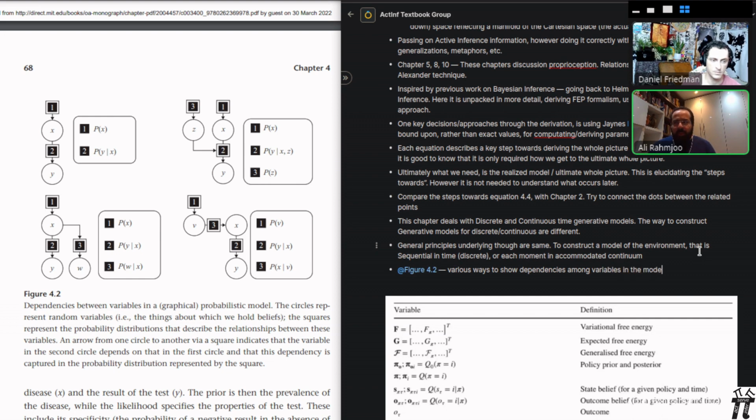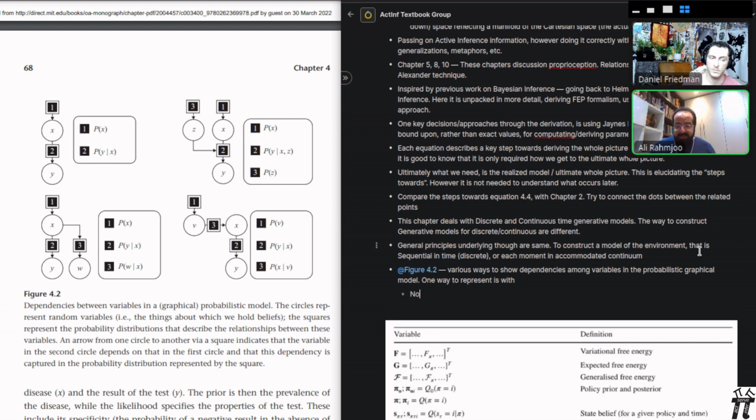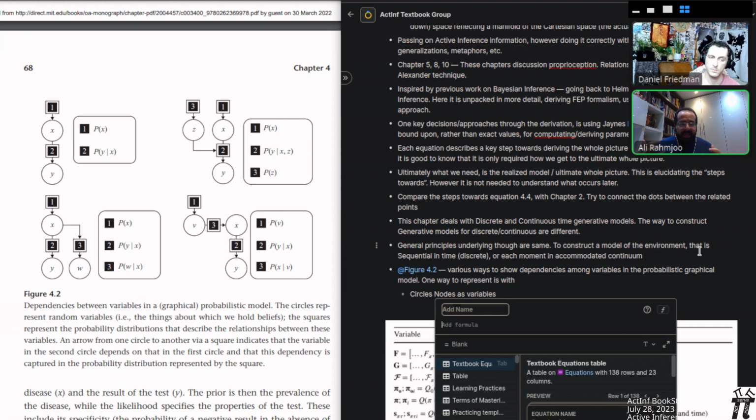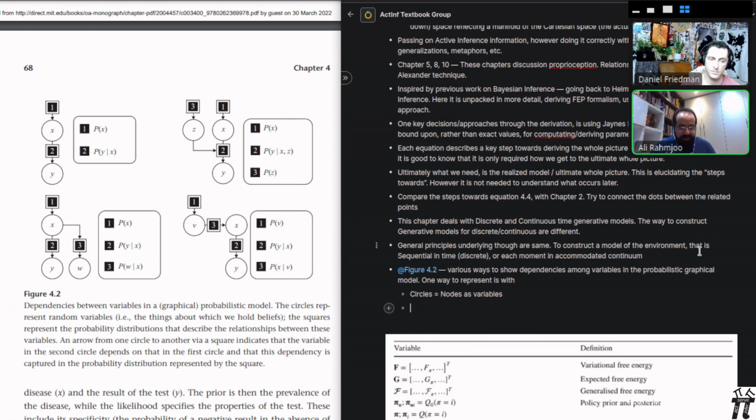So one common way to represent generative models in the active inference literature is to use these kinds of graphical probabilistic models, in which, at least in this case, the circles represent the random variables, and the squares represent the distributions which describe the dependencies between those random variables.